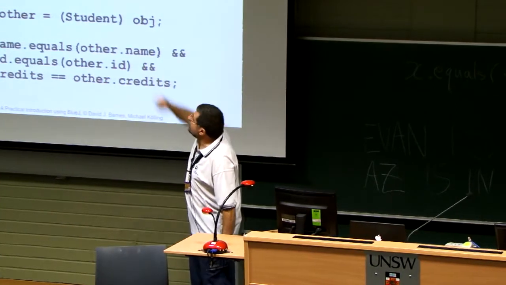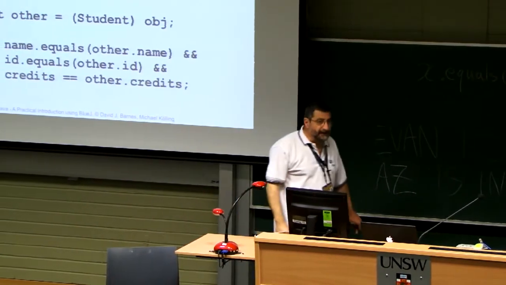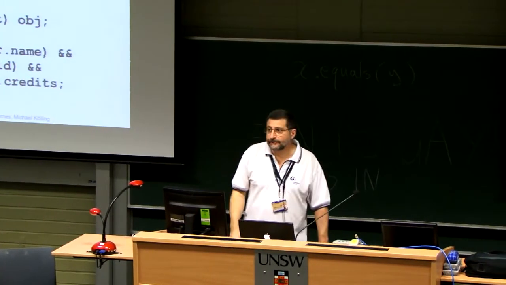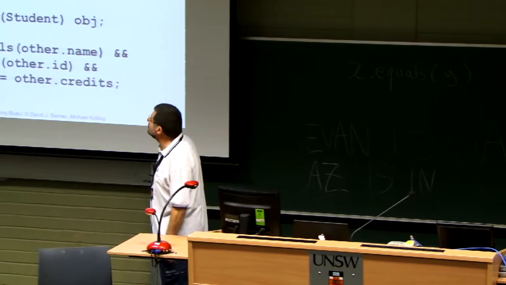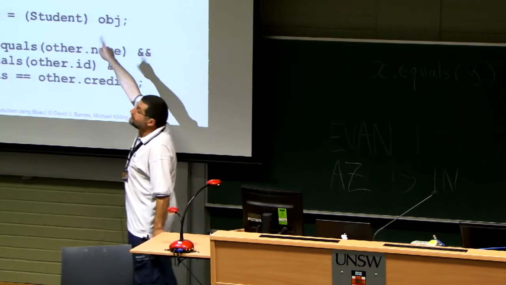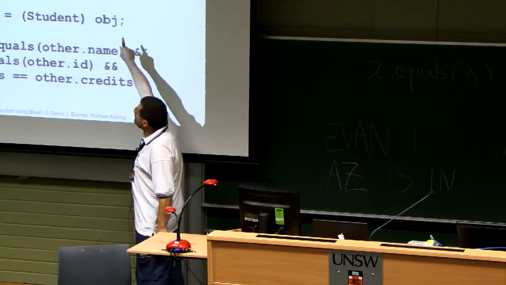So the first thing we're doing is saying, is this object identical to the one we're comparing? In other words, are they actually the same student, the same object? If they are, then we return true immediately.